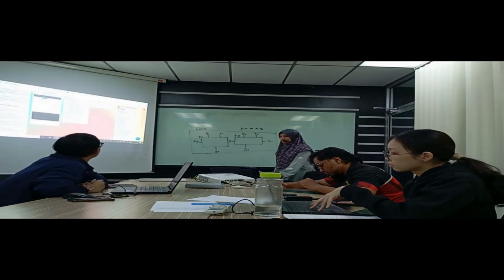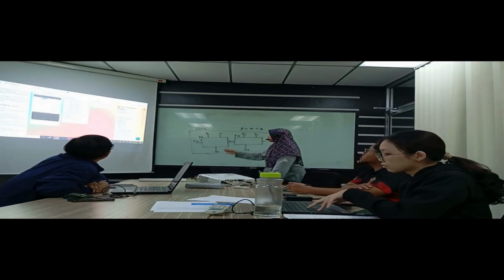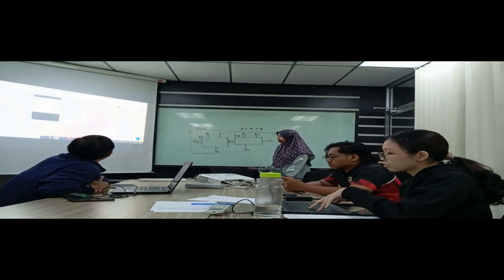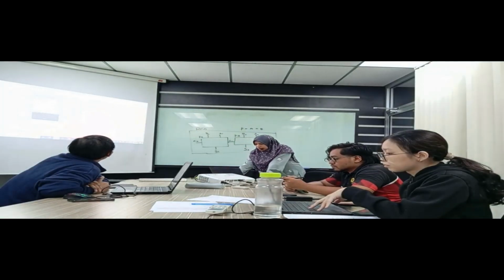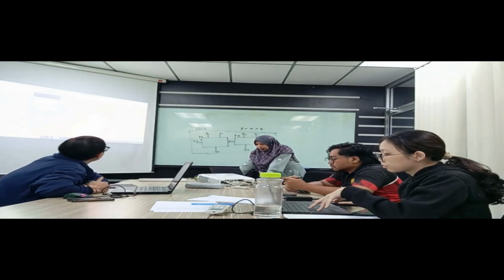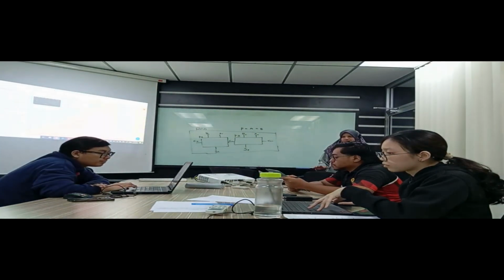So you made the module FA. After that, you call it in the module RCA for B, using structural modeling 4 times in here. Very good.